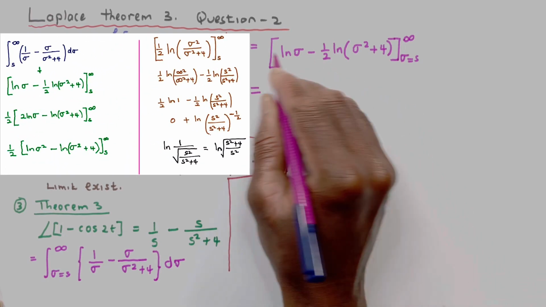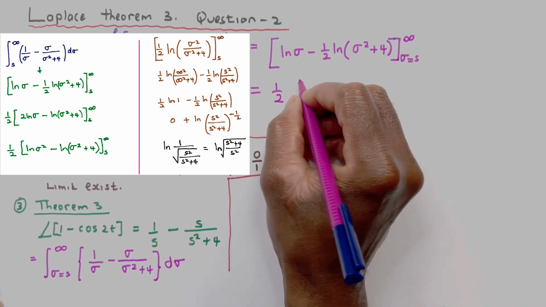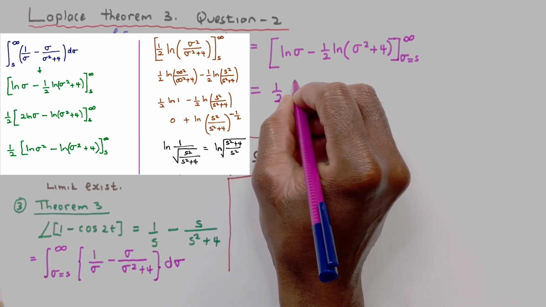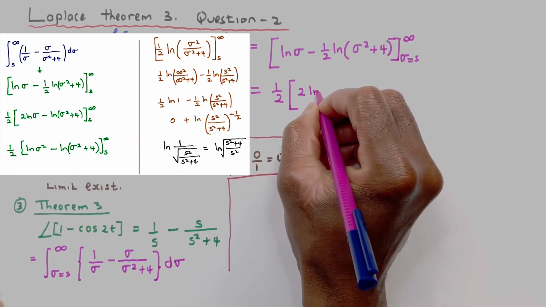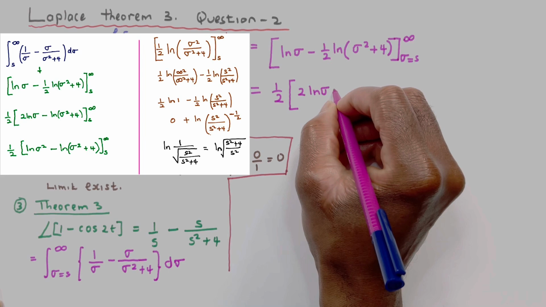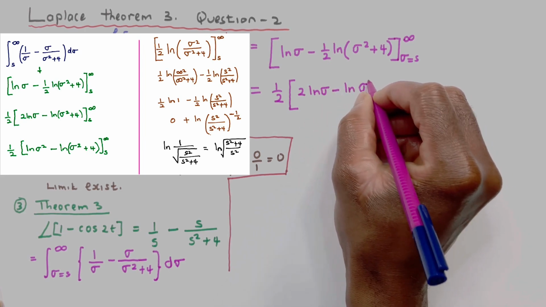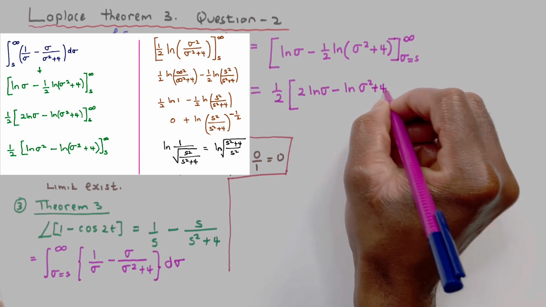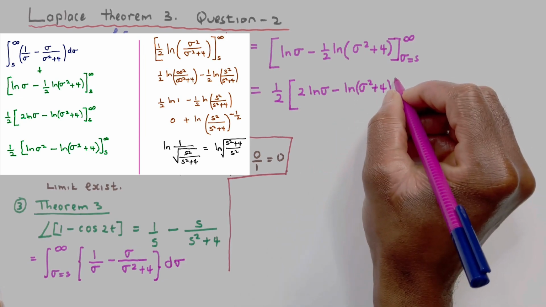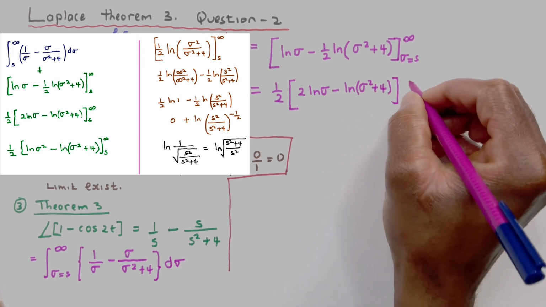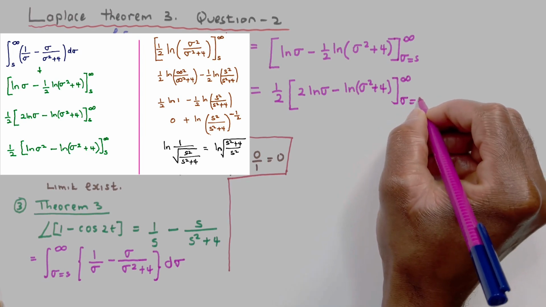Equal to, we take a half out of that equation, so I have square bracket 2 ln sigma minus ln sigma squared plus 4, close bracket, infinity and sigma equals to s.